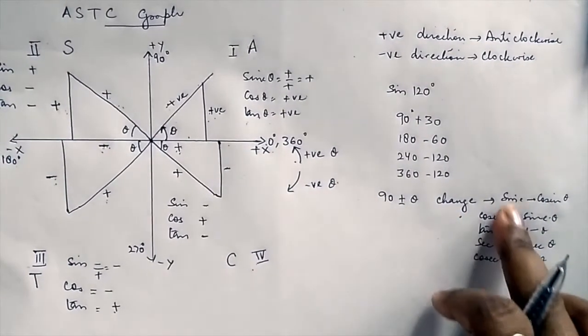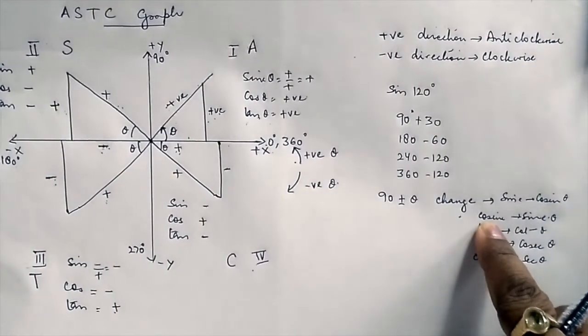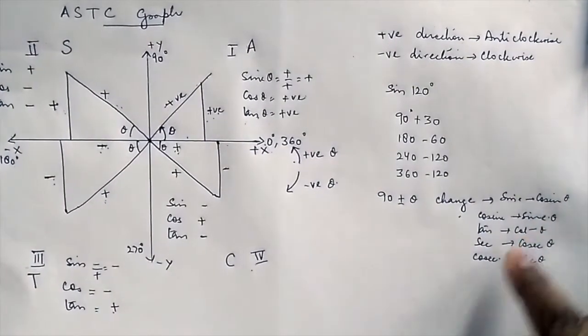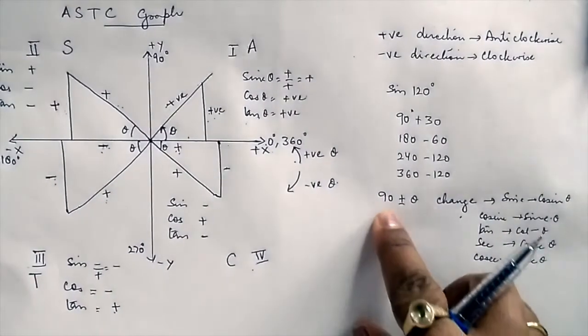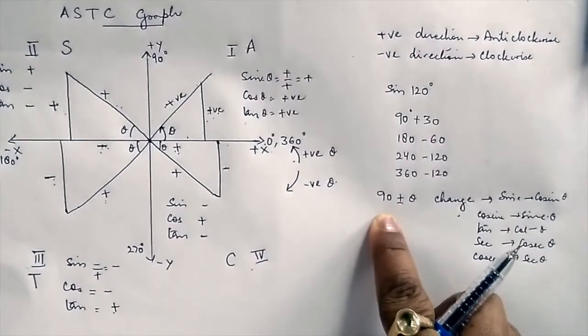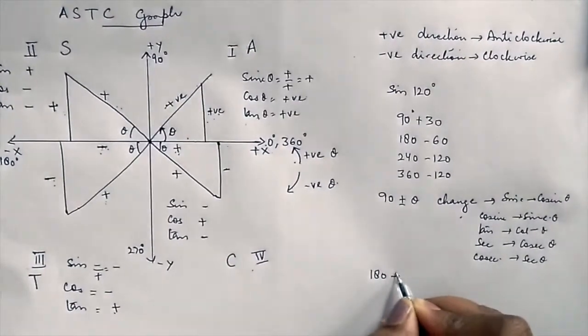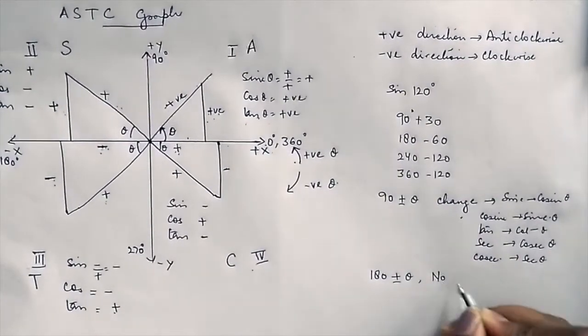Change meaning if you were given a sine ratio, it would change to cosine. If you were given cosine, it would change to sine. If you were given tan, it would change to cot, sec to cosec, and cosec to sec. This is just with 90 plus minus. Similarly, when I have 180 plus minus something, it means no change.